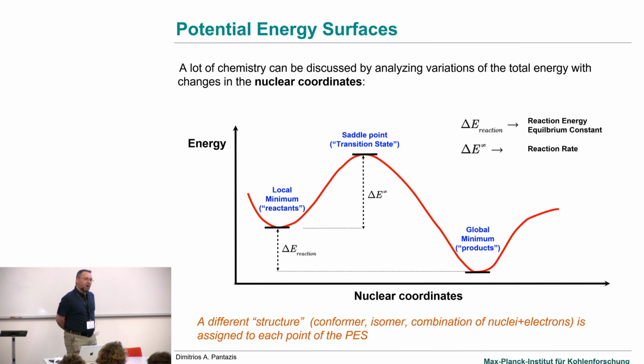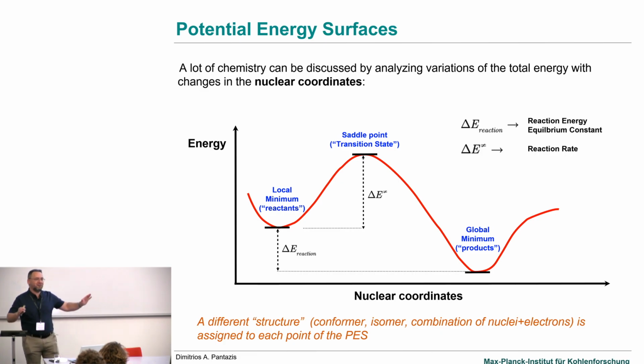What is really important about the Born-Oppenheimer approximation is that, first of all, it makes solving things easier, but it also gets us back to the concept of potential energy surface, which we had before we knew about quantum mechanics.